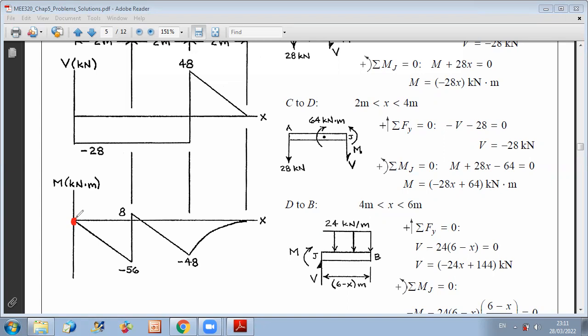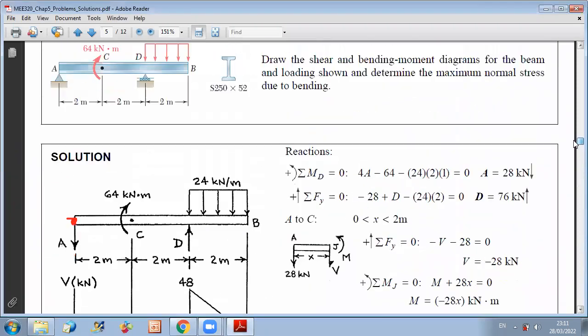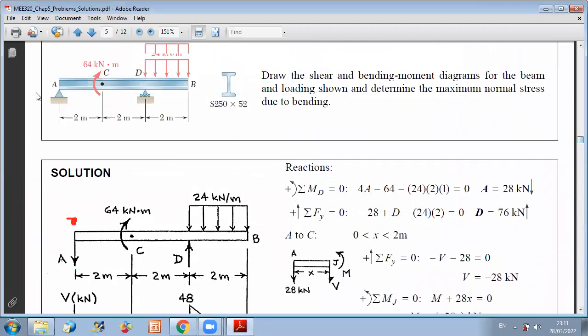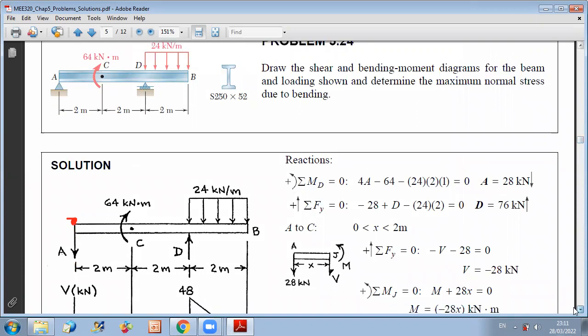If you have an internal connection between your beams, the bending moment at the connection is 0 also. So always you can check this, and you can use it as information to draw your diagrams. So because at A we start from a pin, then the bending moment should be 0 here. And also at the roller level at D, the bending moment will be 0.